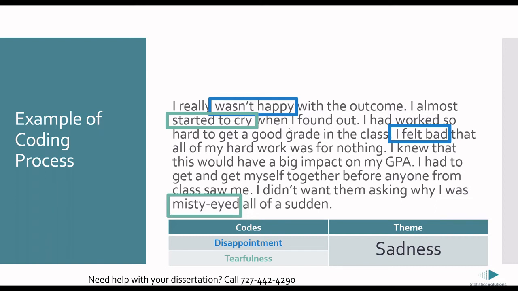Those words are not used. Okay, so this is an example of a descriptive code. You're coming up with your own term or phrase to describe the codes.